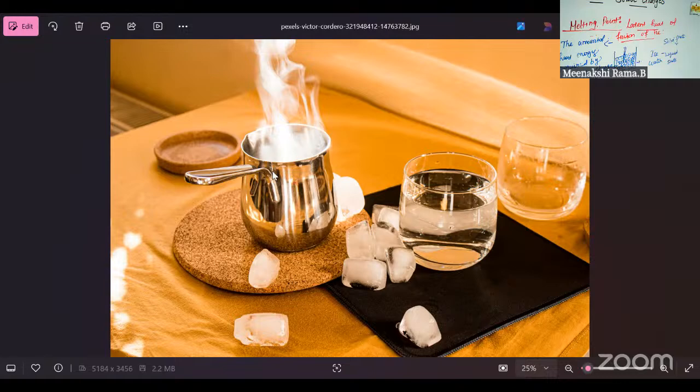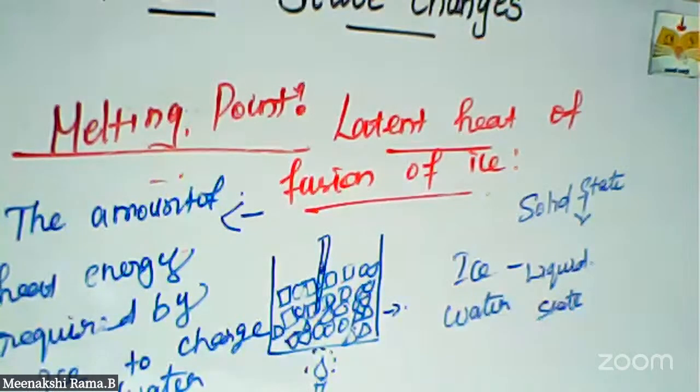If I heat that water, the water is changed into the next state, that is gaseous state. So this is called vaporization. Vaporization concept: liquid state is changed into gaseous state. So this picture indicates that concept.